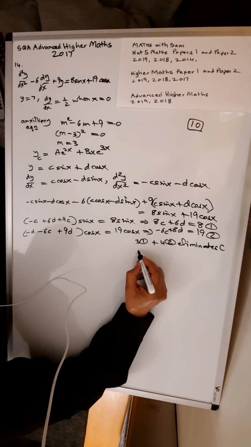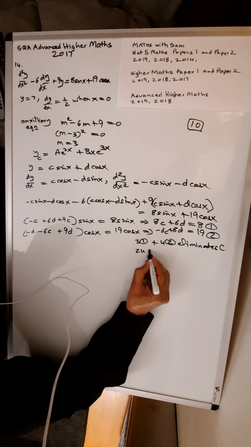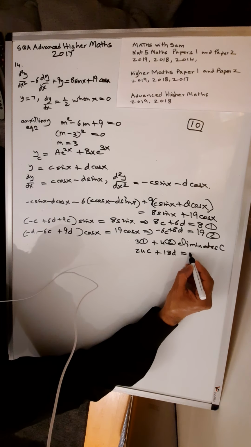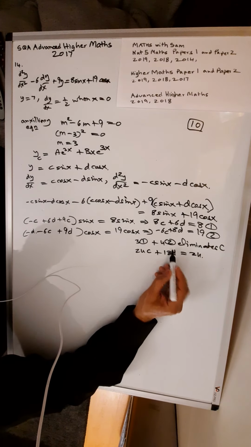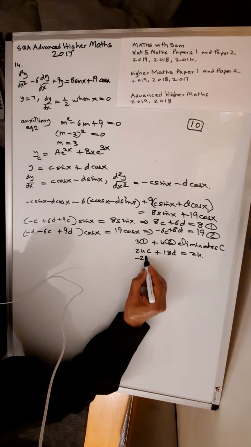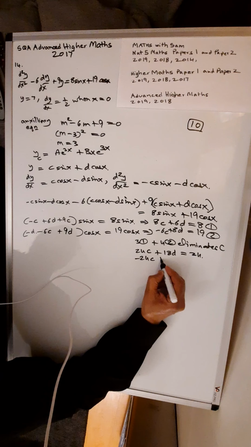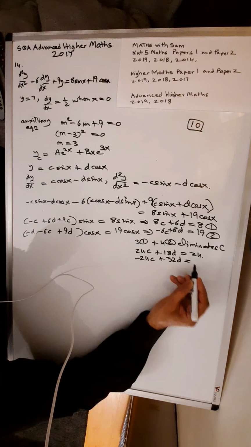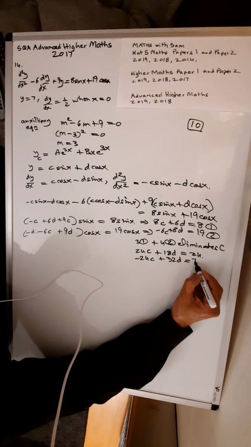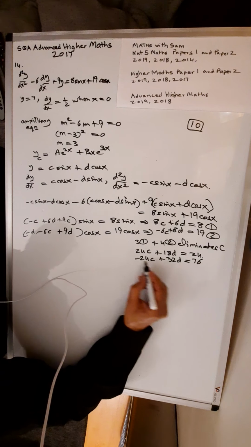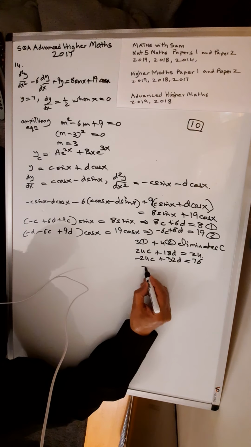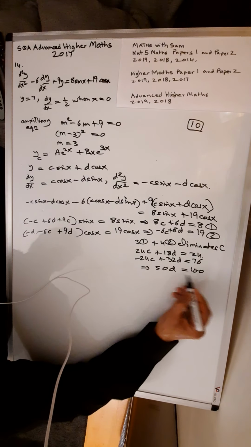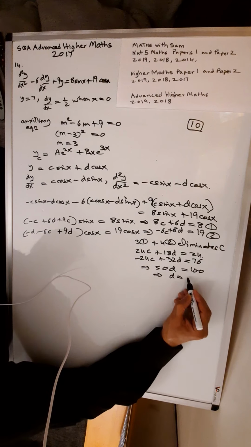So you're ending up with 24c plus 18d is equal to 24, and minus 24c plus 32d is equal to 76. So when you add, these go away, so you're left with 50d is 100, which means that d is 2.